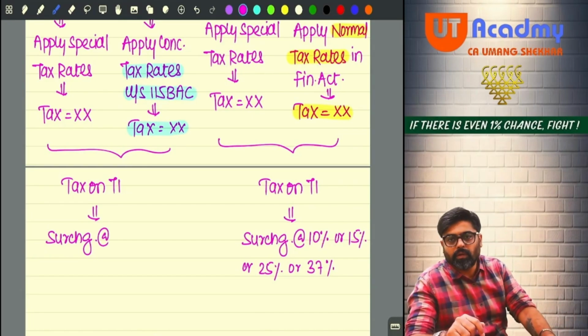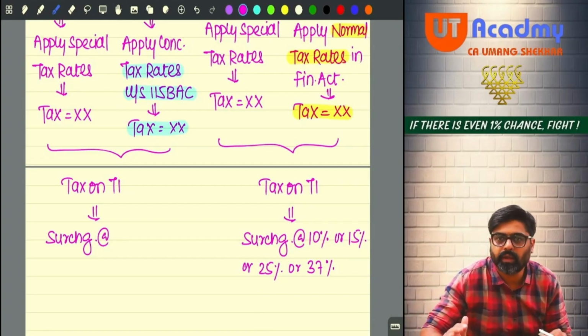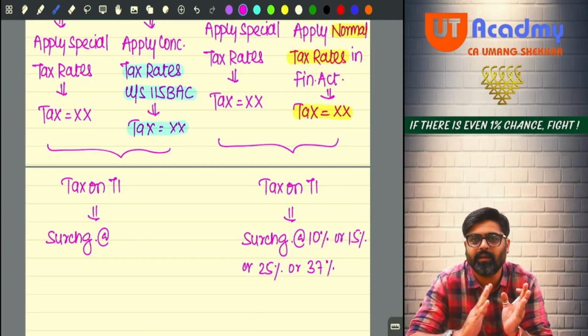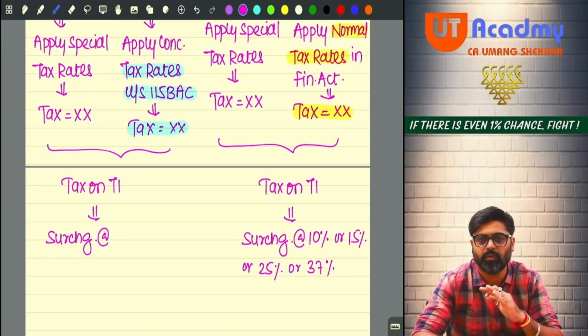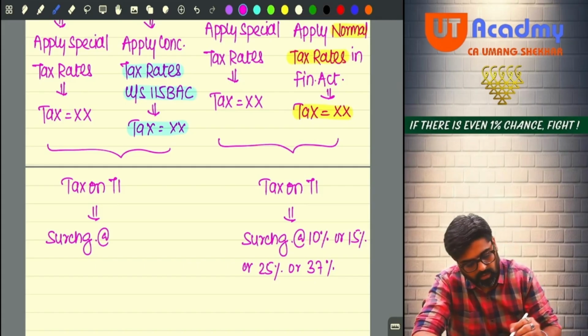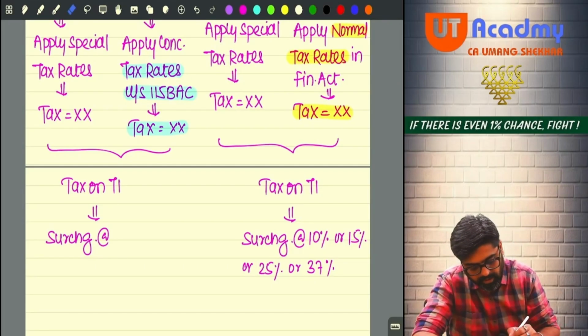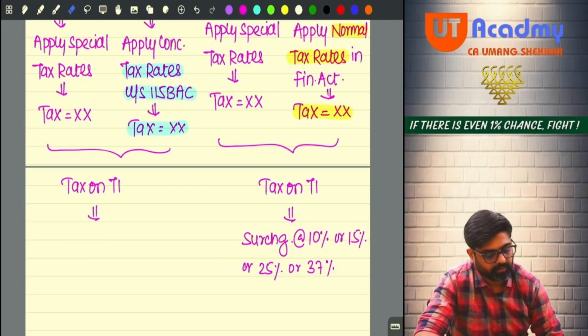Yes or no? Right now what I am doing is a comparison between normal and 115BAC, so you will come to know where you are supposed to do what. Done. So surcharge will be 10%, 15%, 25% or 37%.